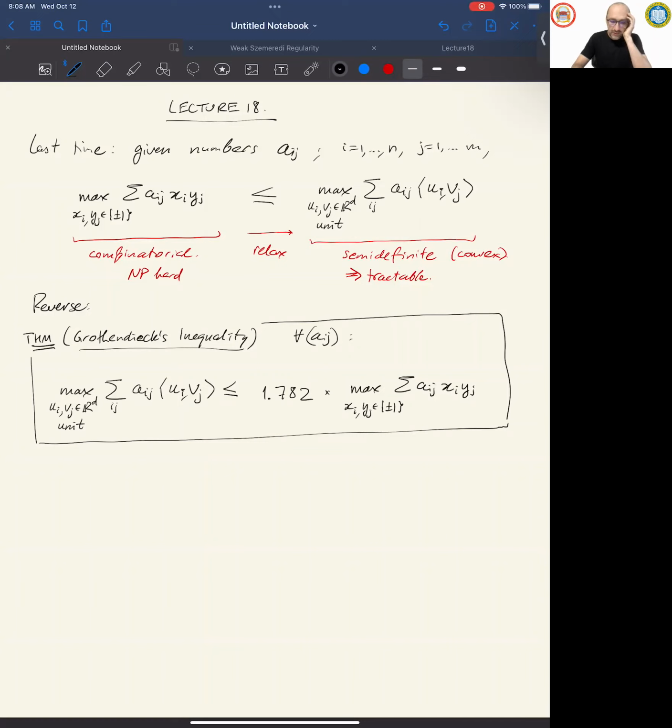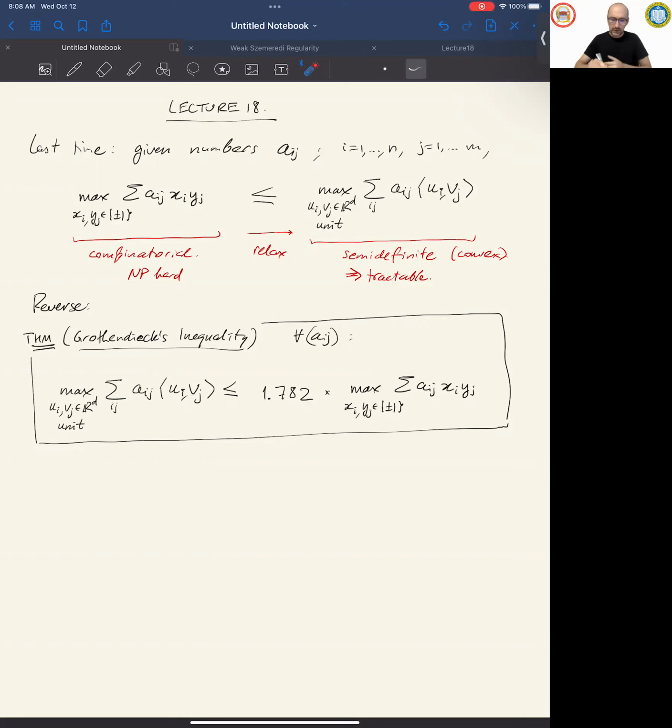Unbelievable. How can you expect that if you can maximize the quadratic form or any function on the scalars, you automatically get a bound for vectors, even regardless of the dimension. It's in all dimensions, all vectors. Totally beautiful.